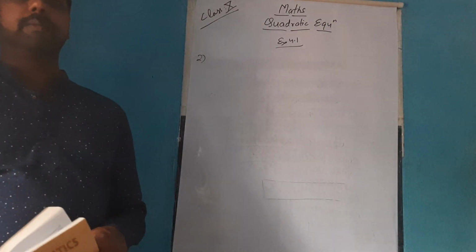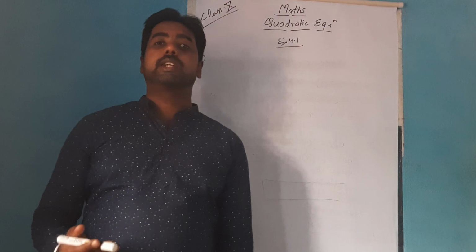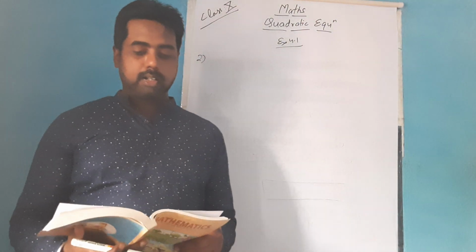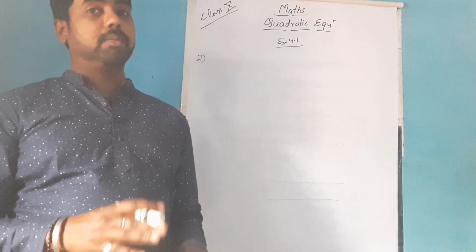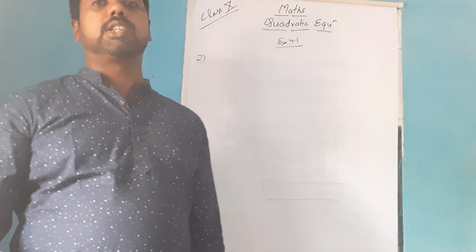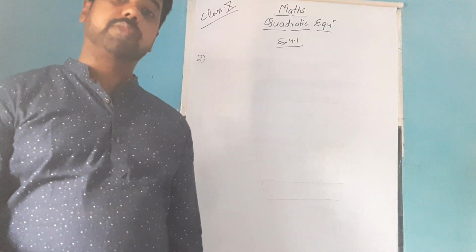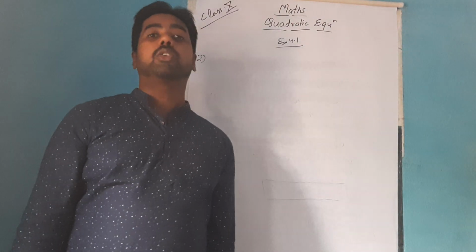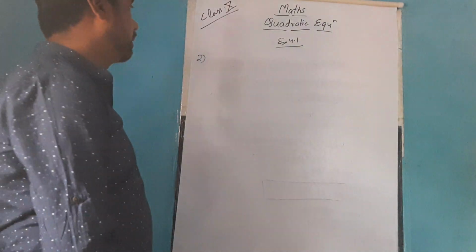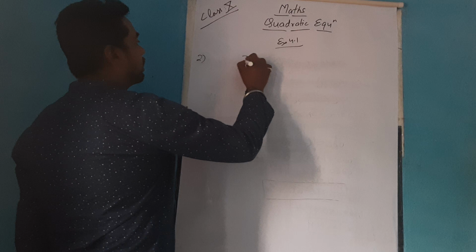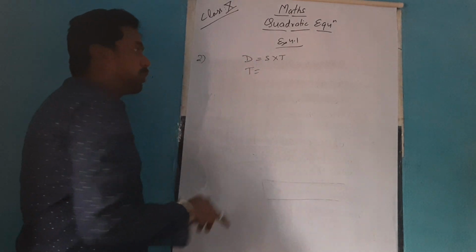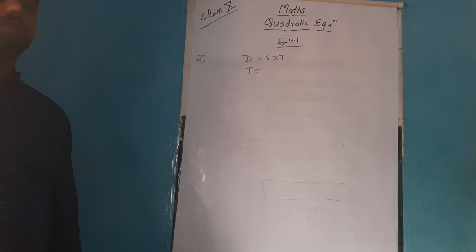One thing always remember: when the question is related to speed, distance and time, most of the time you will see that the time keeps increasing or decreasing. It means the equation which you are going to form should be on the basis of time only. You know that the formula for distance is speed into time.